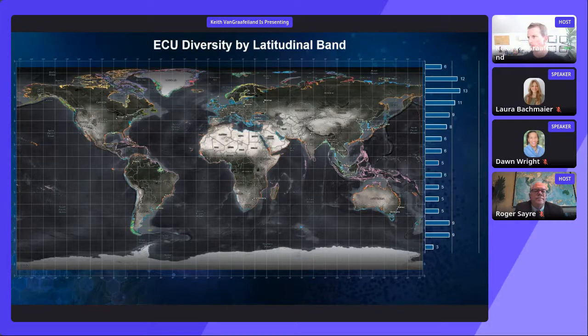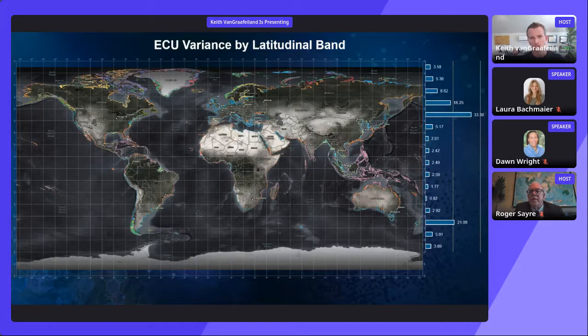So up here between 60 and 70 degrees north, we see that there are 13 different ECUs within that 10-degree latitudinal band. And this is just a way to look at the ECU data set as a whole. It's very exploratory, to understand the data set a little bit better.